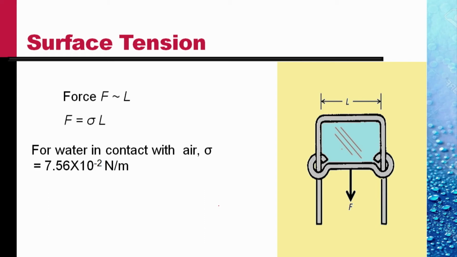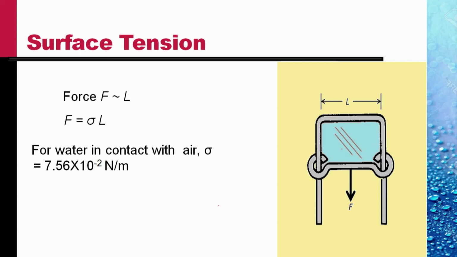And this force F is equal to sigma L, where sigma is termed as the coefficient of surface tension for the liquid gas pair. It depends upon the liquid and the gas both.